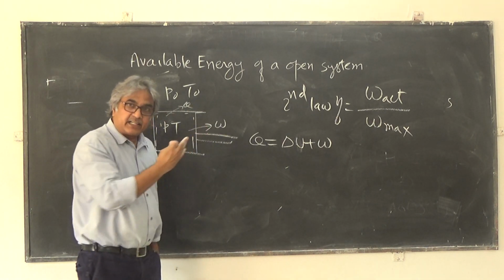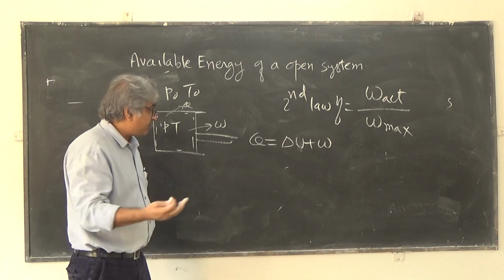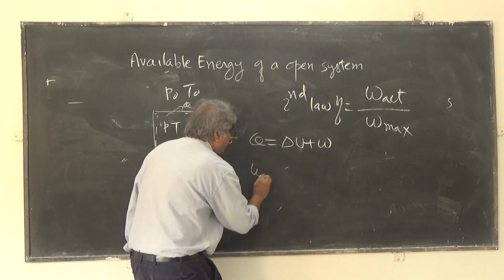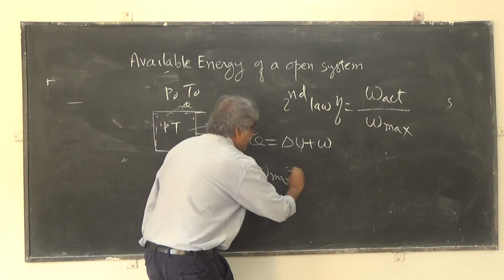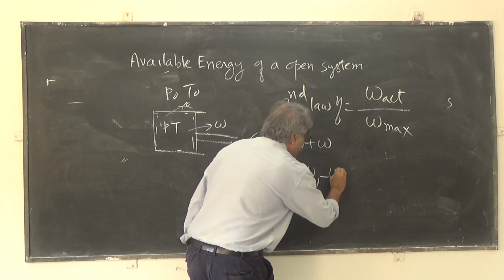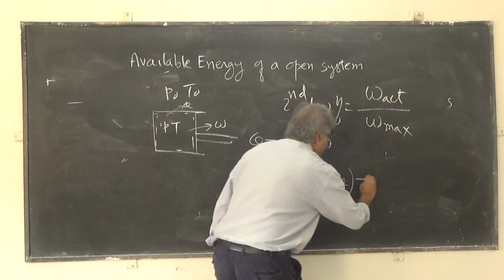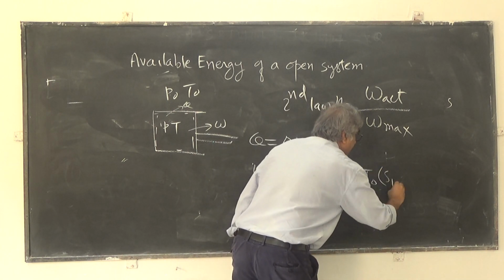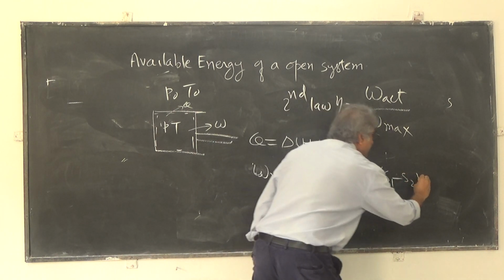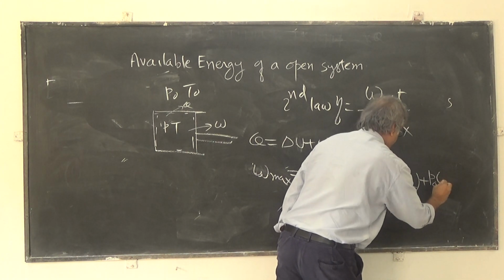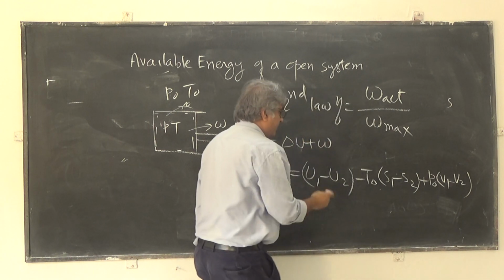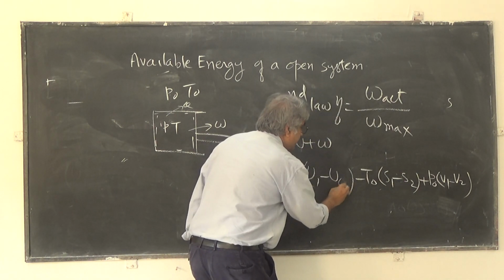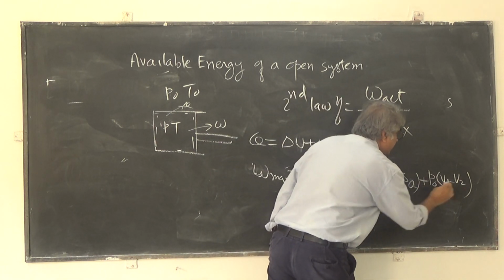Add these two works, and you had got an expression. Please remember that. The expression for available energy, or W max, is U1 minus U2, minus T naught times S1 minus S2, plus P naught times V1 minus V2. You can say V2 if you are taking the dead state; you can say 2 is replaced by naught.